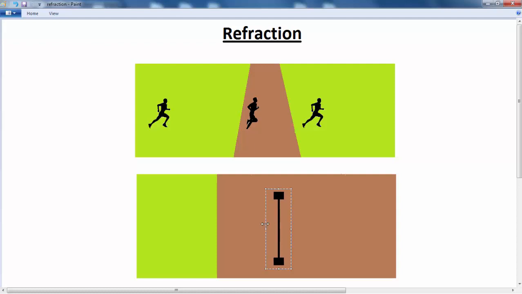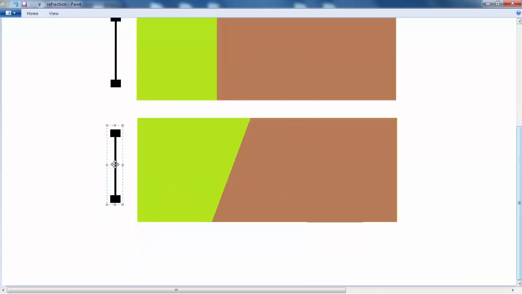So in this particular case, you're not going to notice any refraction or bending of the direction of motion of the vehicle. But let's see what happens when the vehicle approaches the mud at an oblique angle. Here it comes across the field, moving quite quickly, but then it hits the mud. And you notice that this wheel hits the mud first.